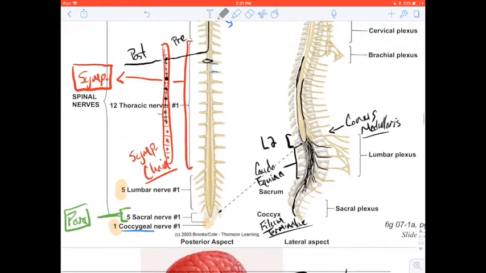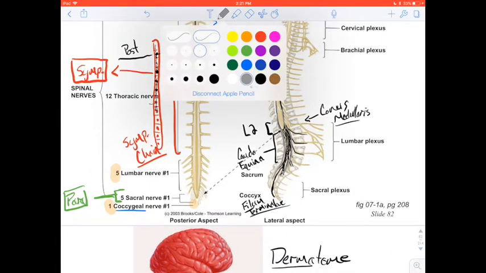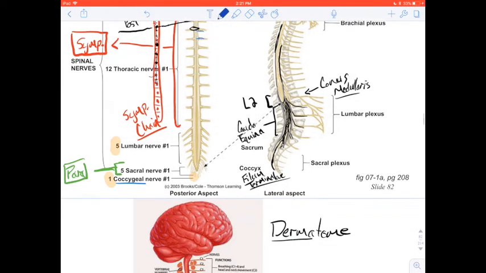Why would it be better whenever you get a spinal tap and we're trying to extract CSF, why do we not go into the thoracic region with our needle? Right? We call it a lumbar puncture. Right? We actually go into the lumbar area here. Why do we do that? Why would it be better to go into the lumbar region than it is to the thoracic region? Right, so just one more thing to think about.